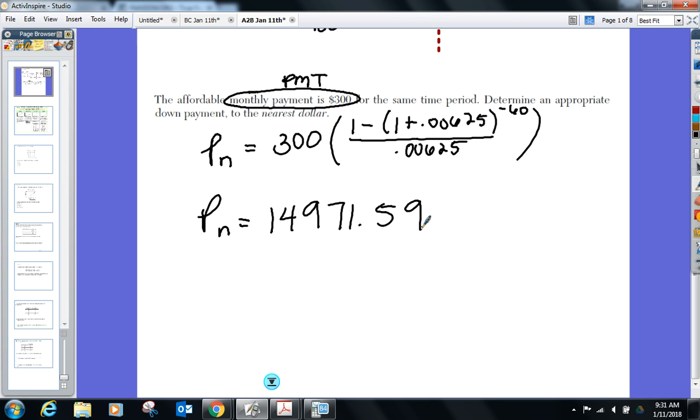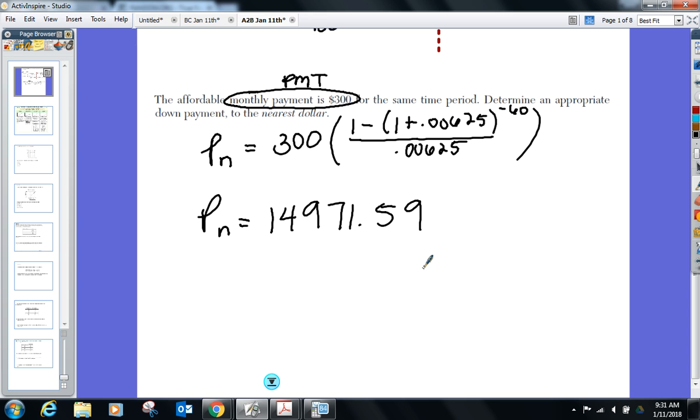Okay, that's not how much my down payment is. That's how much I need to borrow from whoever, the bank. How much did this originally cost? $21,000. So if it originally cost $21,000 and I need to borrow this amount, how can you figure out what I need to pay down?